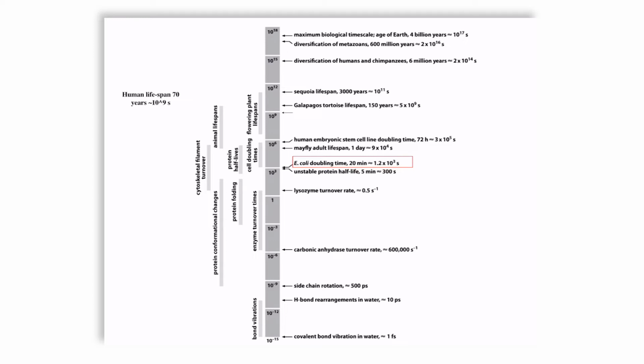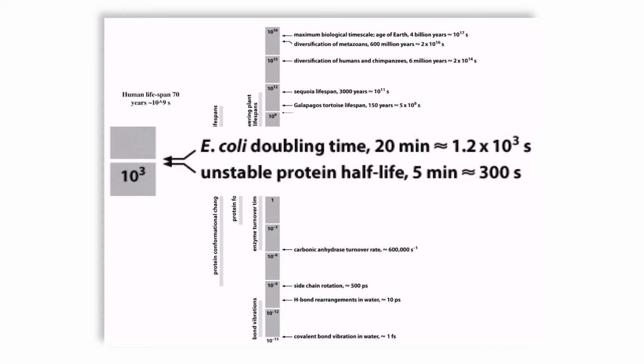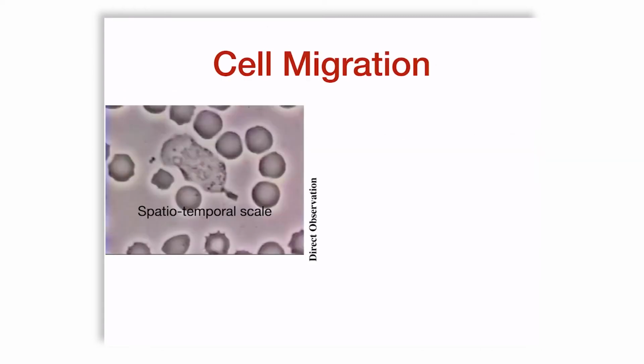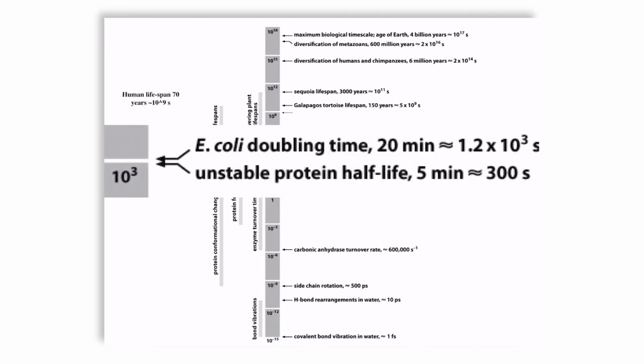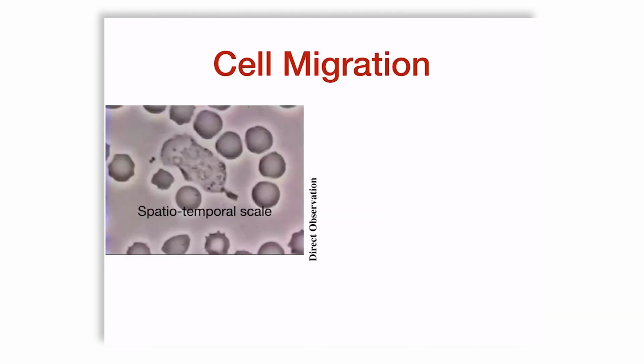E. coli, which we talked about earlier also, takes about 10 to the power 3, 1,000, few thousand seconds to divide. Unstable protein half-life is 5 minutes, meaning to say the time it takes a protein to degrade is about 10 to the power 2 seconds. That is 5 minutes.